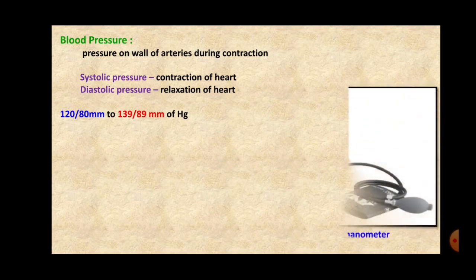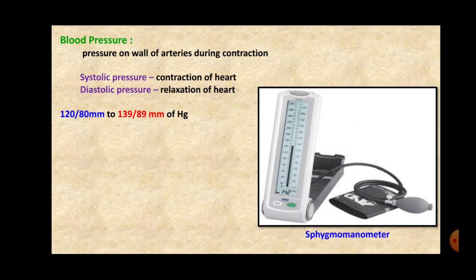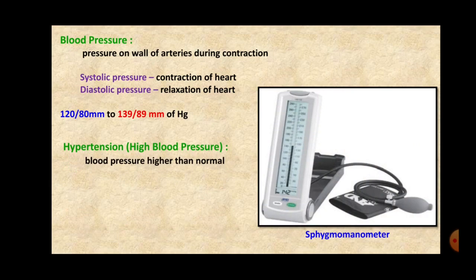Now, what is hypertension? Hypertension is high blood pressure. When the blood pressure goes above 120 by 80 or 139 by 89, then it is called hypertension or high blood pressure.